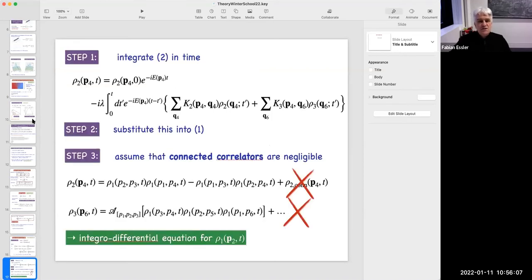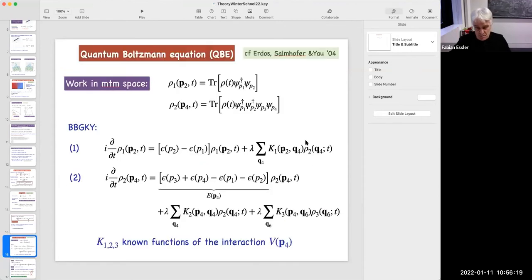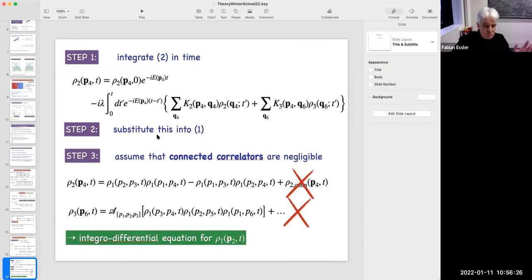So that gives you something like this. No big deal. Now what you can do is take the right-hand side and substitute it back in here, in the equation for rho 1.